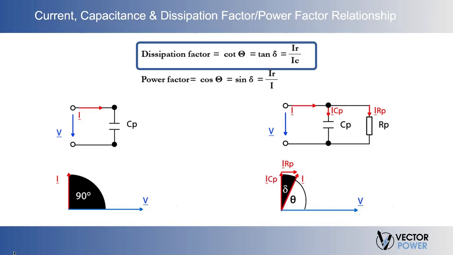And the dissipation factor is defined as the cotangent of theta, which equals the tangent of the angle delta, which equals the resistive current divided by the capacitive current.